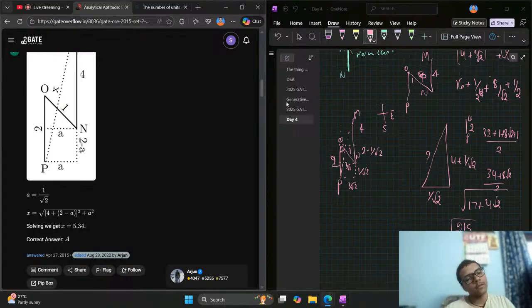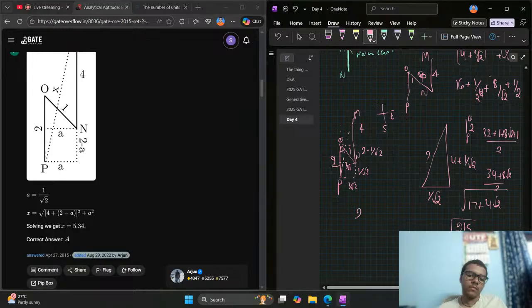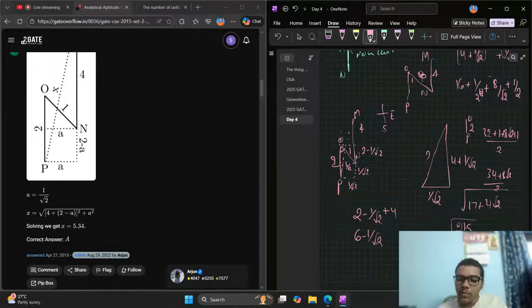Alright. I don't know, man. 2 minus 1 by root 2 plus 4. So that is 6 minus 1 by root 2 is the length.